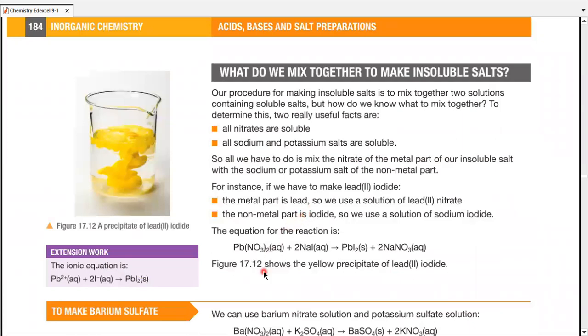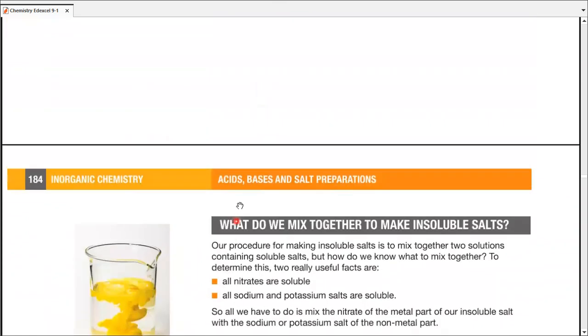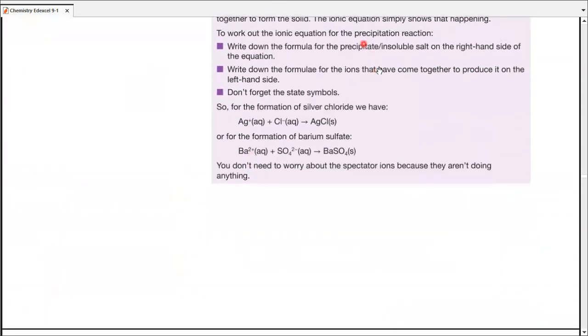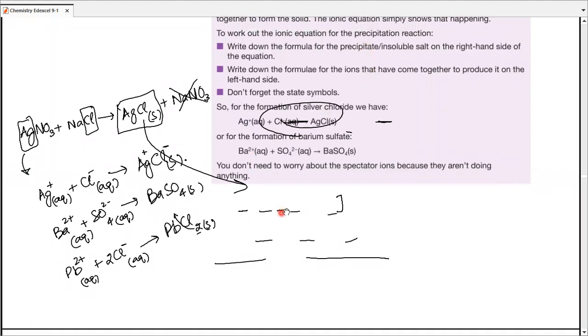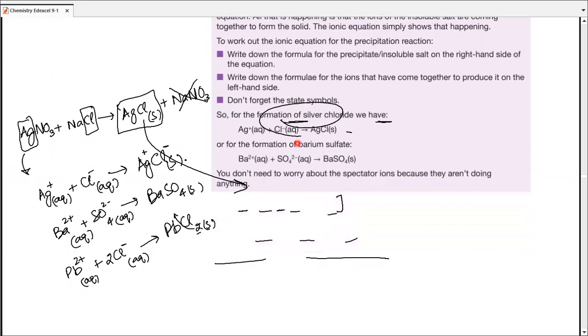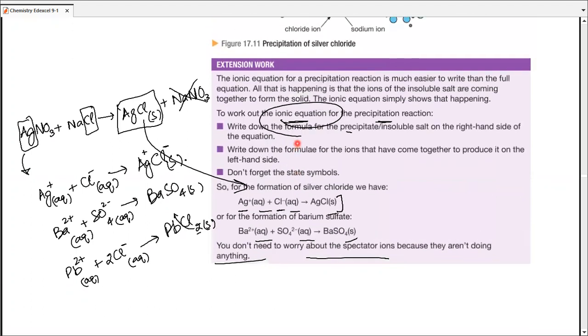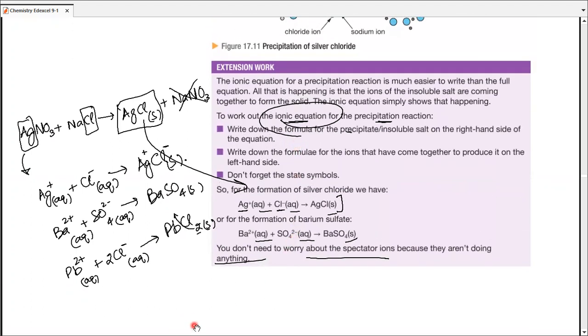Now, what do we mix together to make an insoluble salt? That is a big question. All right. For example, I'm going to go to the previous page again and redo this entire thing. Now, since you can see that I have formed barium sulfate, the question is, which two salts are you exactly going to mix to form barium sulfate?